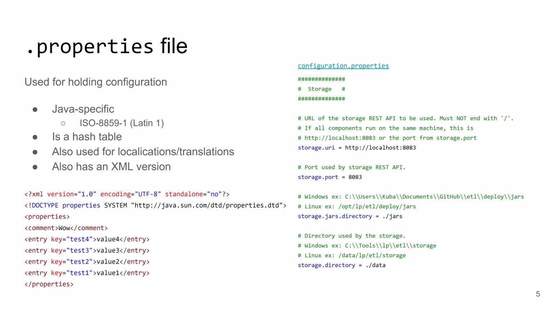Another use case of a properties file, which is actually not only Java based, is for storage of localization or translation strings of software. So imagine you are coding a software with a user interface and you want the user interface to be multilingual. So one way of achieving that is that you take all the strings that you use in the software, you list them in a properties file, and you'll have one properties file per language.